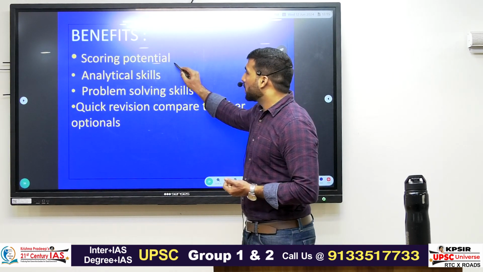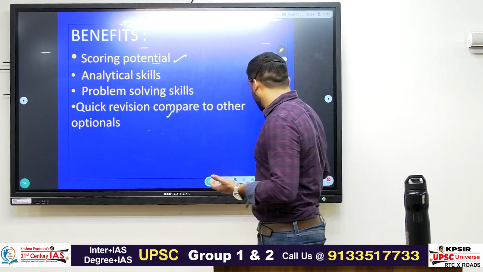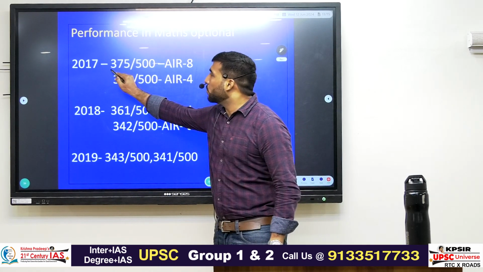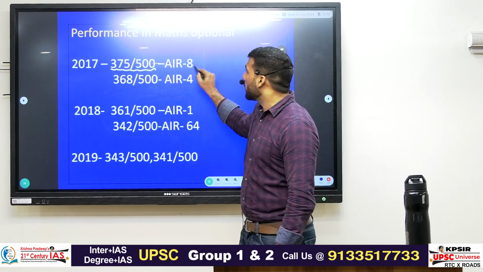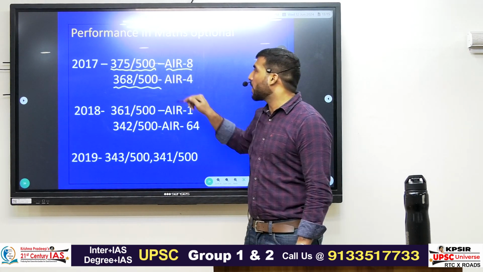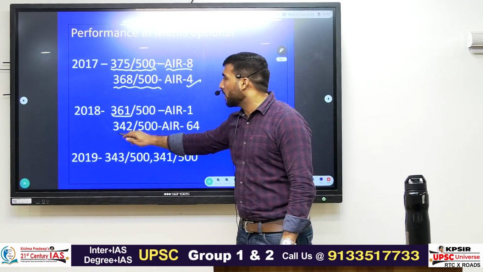So the benefit is quick revision as compared to other optionals. If you see the performance in 2017, you got around 375 marks out of 500, who is All India 8th rank, and 368 marks out of 500, who is around India 4th rank. In 2018, 361.